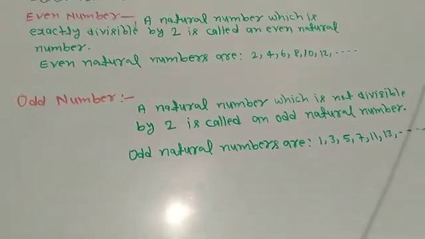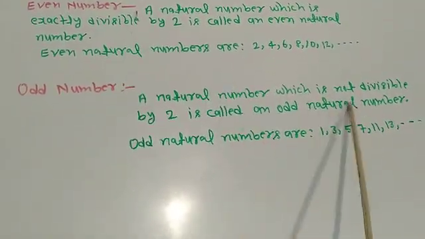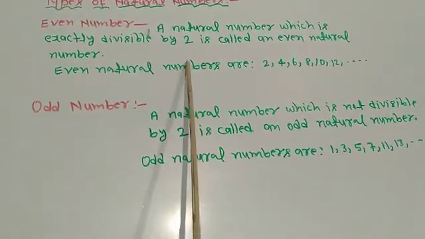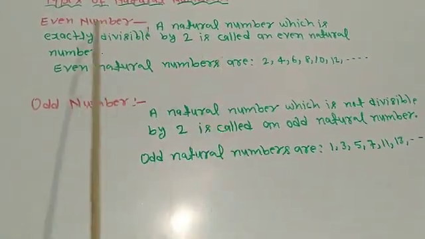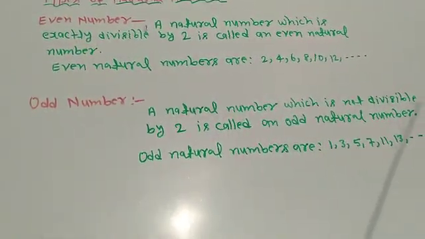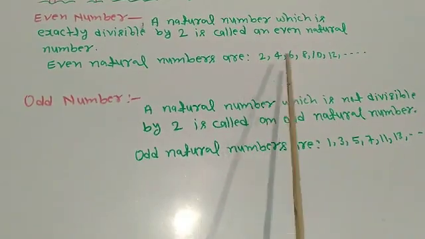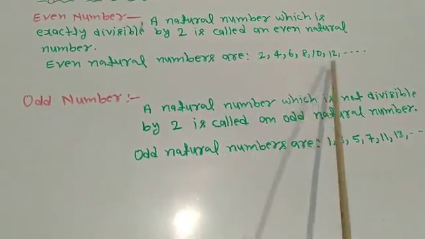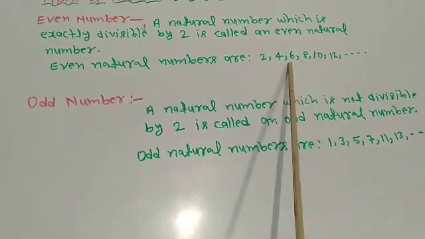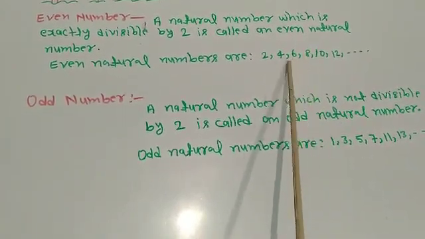So a number which is not divisible by 2 is called an odd natural number, and a number which is divisible by 2 is called an even natural number. You can see 2, 4, 6, 8, 10, 12. All these numbers are divisible by 2, so these are even numbers.